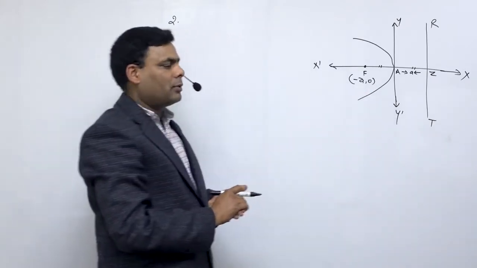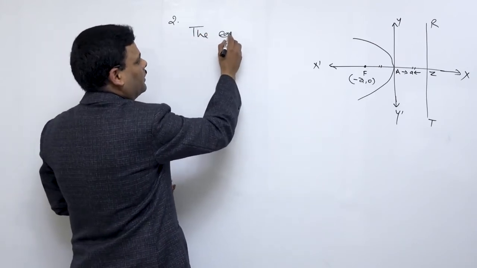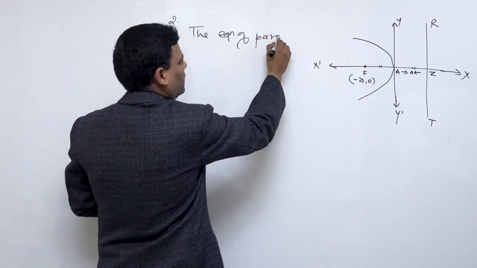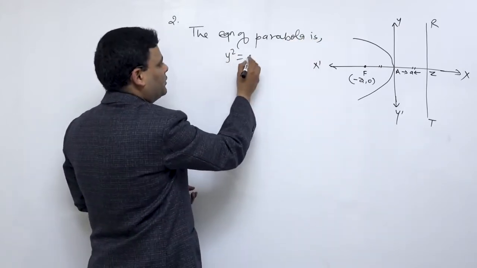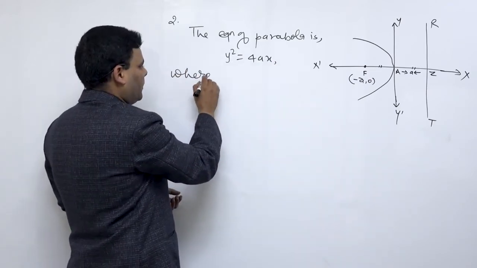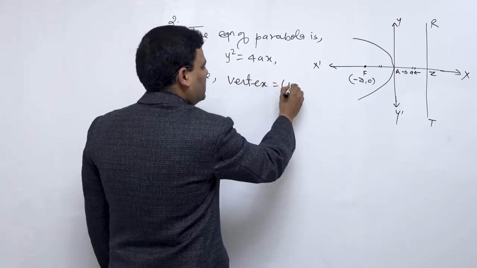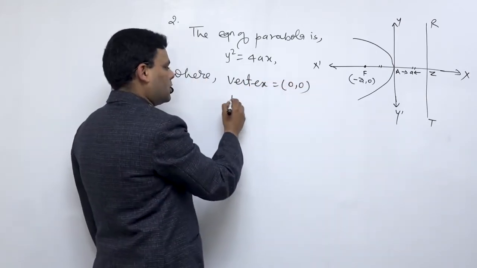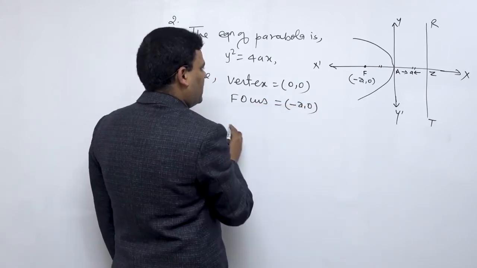And the equation of the parabola in this case is y square equals to minus 4ax, where the vertex of this parabola is 0 comma 0, and the focus of this parabola is minus a comma 0.